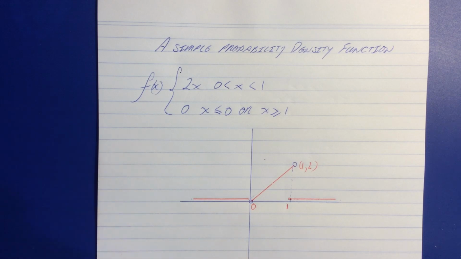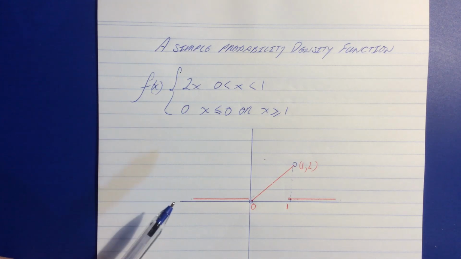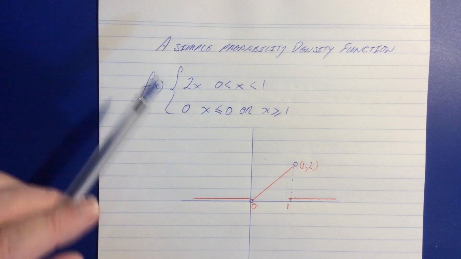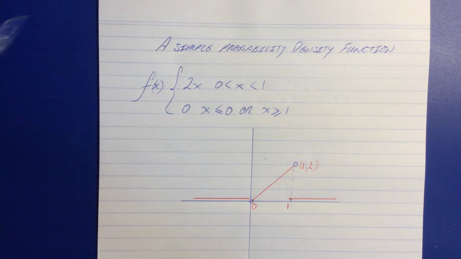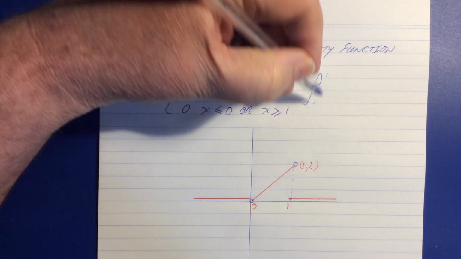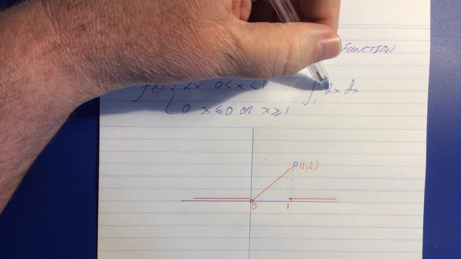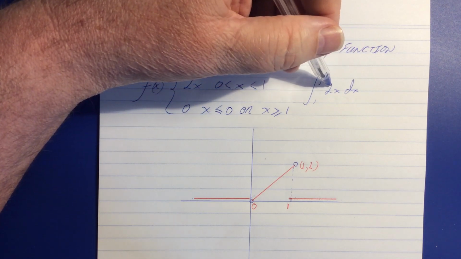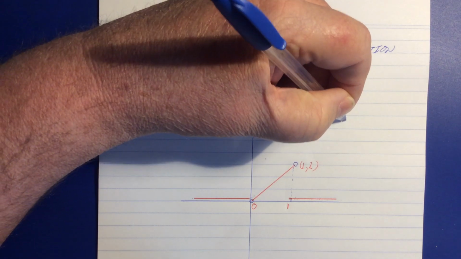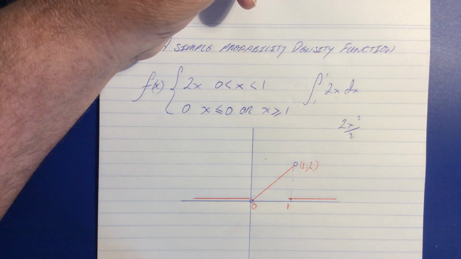Right, so how would we normally go about finding this? Well, normally what we would do is integrate this, and we would work out its value as a definite integral between 0 and 1. So we'll just do that quickly. The integral of this will be that.